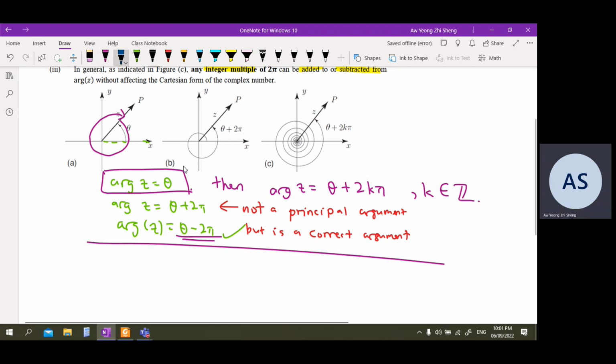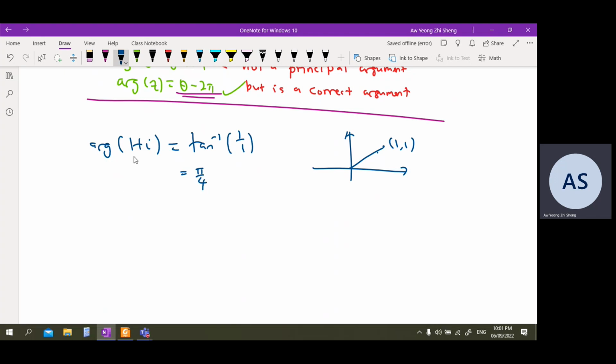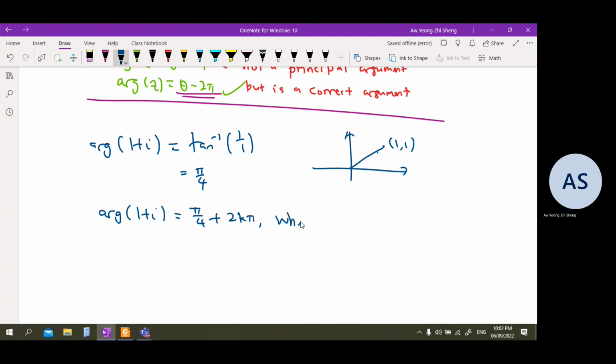Just one quick example: argument of 1 plus i. By the traditional method, we know it is the point with coordinates (1, 1) in quadrant 1. So you will have inverse tangent of 1 over 1, which gives pi over 4. If we know argument of 1 plus i is pi over 4, then it must be correct to say argument of 1 plus i is pi over 4 plus 2k pi, where k can be any integer.